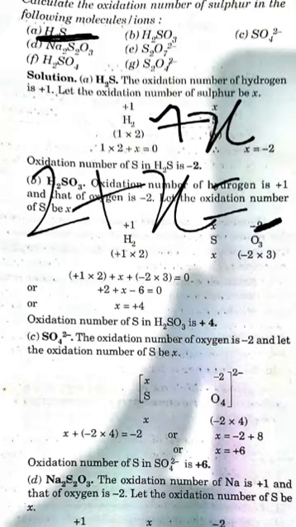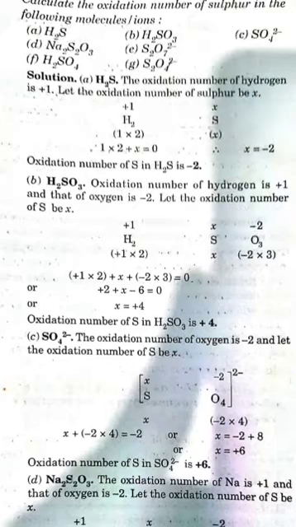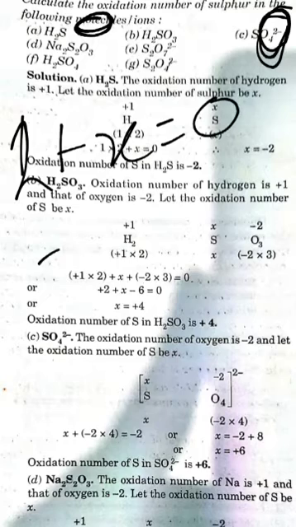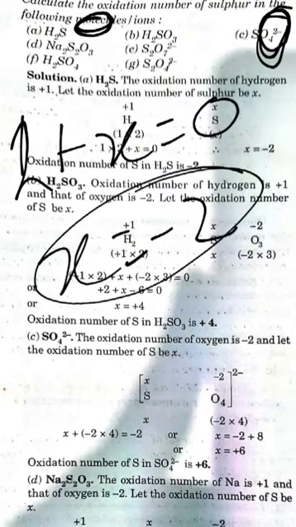If some compound has an ion charge written on its power, you will write that on the right hand side next to the equal to. Since it does not have anything, you will not write anything, you will just write 2 plus X is equal to 0. So X becomes -2. So this is your oxidation state or oxidation number of sulfur.